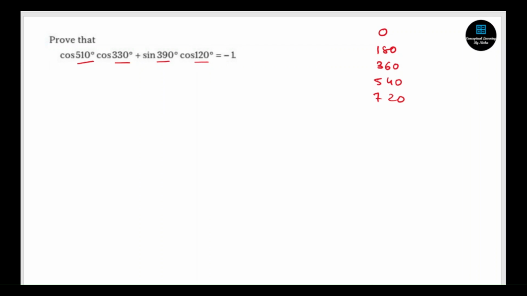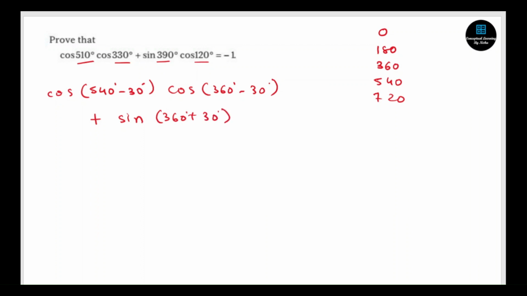So I can write this as cos(540 minus 30), right? Degrees. Just mention these are degrees. Now cos(360 minus 30) again, correct? Then plus sine(360 plus 30) degree, and then cos(180 minus 60) I can say, right?